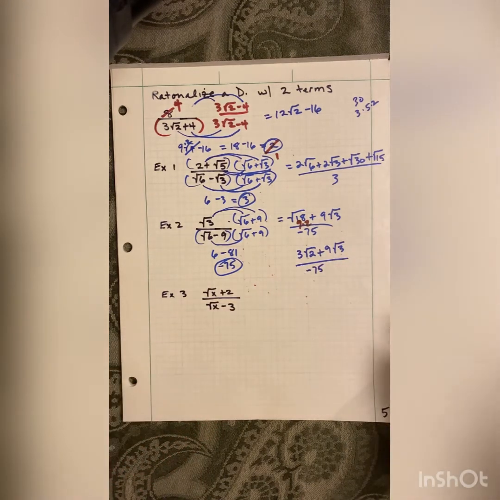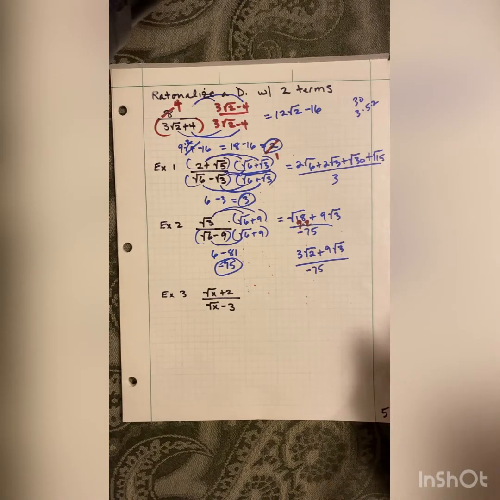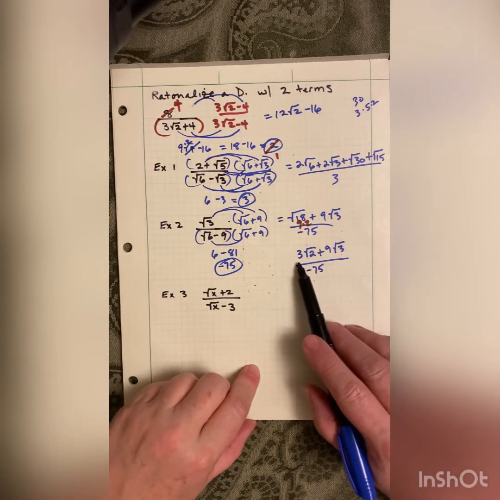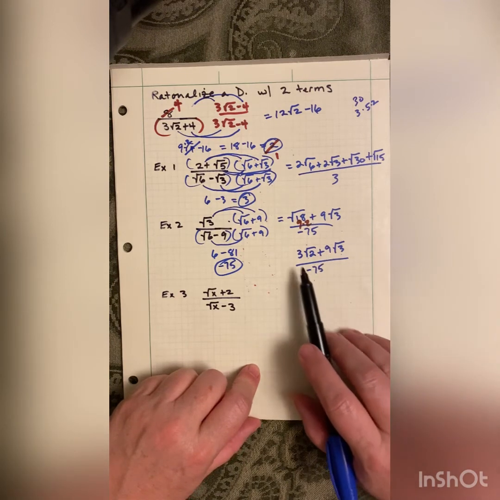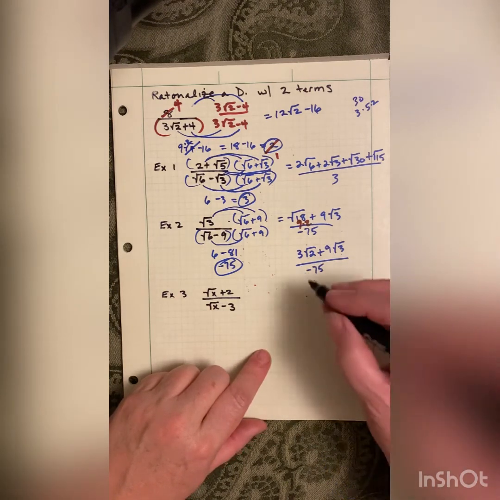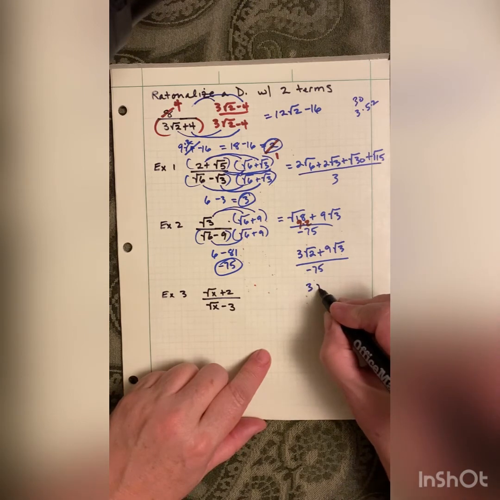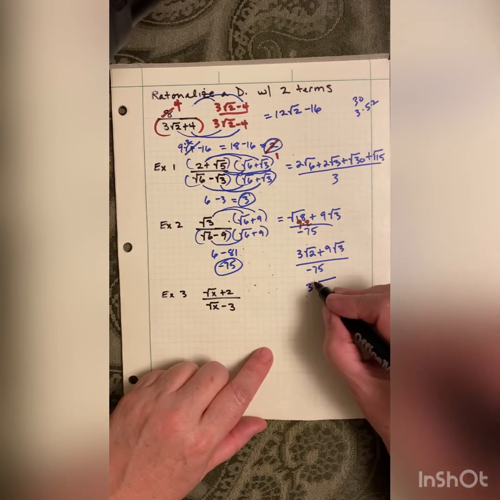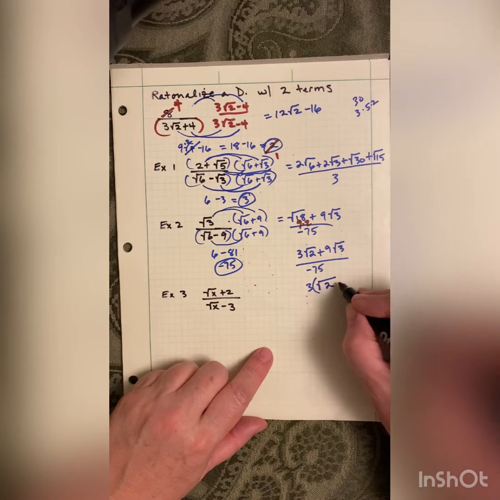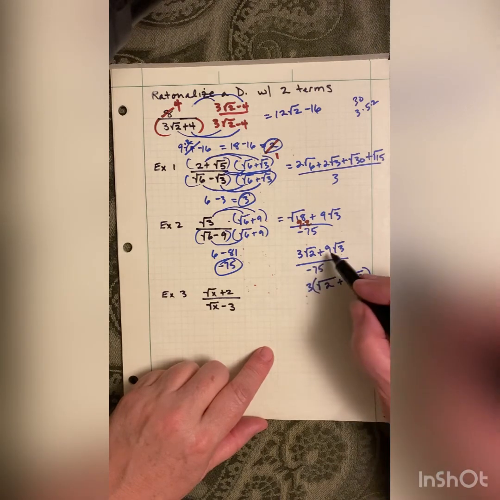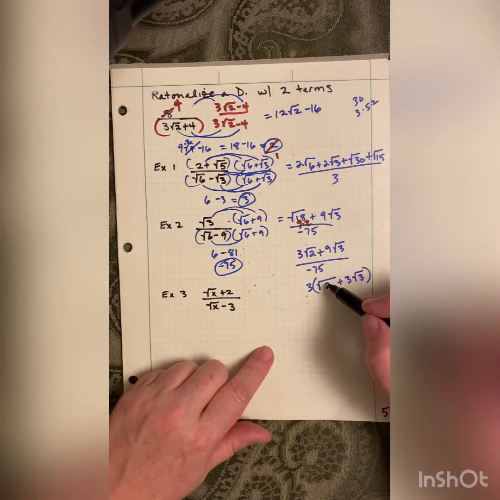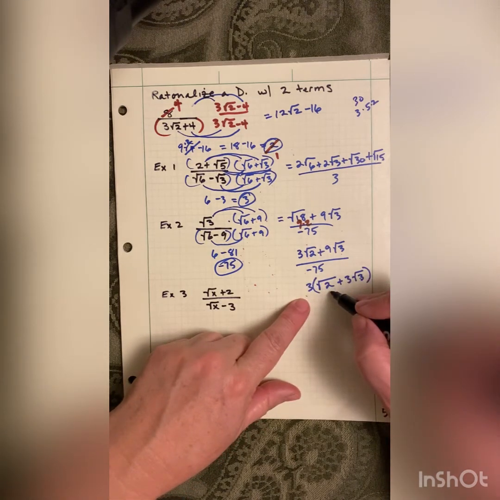Now you might think you're done, but you'd be wrong, okay? Notice I have a common factor here of 3. 3 will go into all of those. So I'm going to factor out a 3, and I will get square root of 2 plus 3 square root of 3. Notice I don't factor it out of here, okay? Only the coefficient. So if I distribute that, it gives me 3 square root of 2.